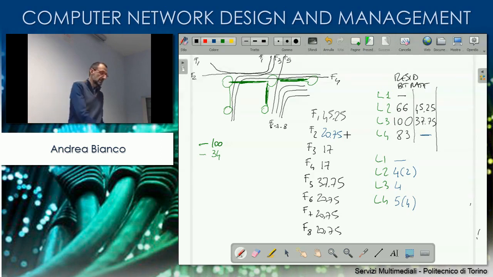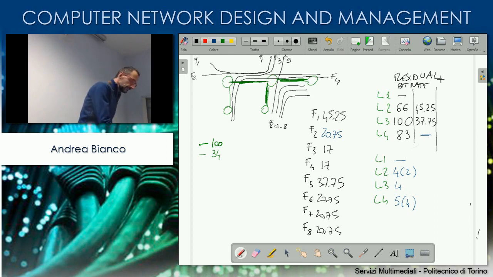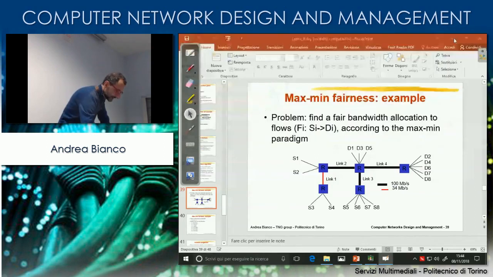And the same for link 3, the same reason. This is what is left, the residual bit rate at every step, which is changing. And that's what you have to look at to understand which is the link which is going to bottleneck next. You start with the residual. Okay, that's it. So that's this example.